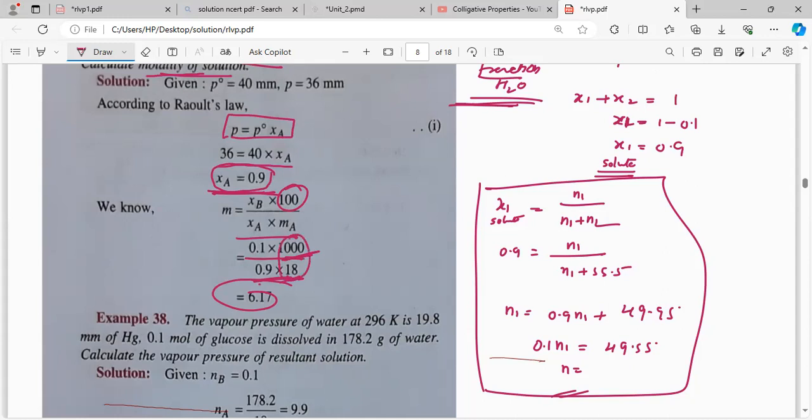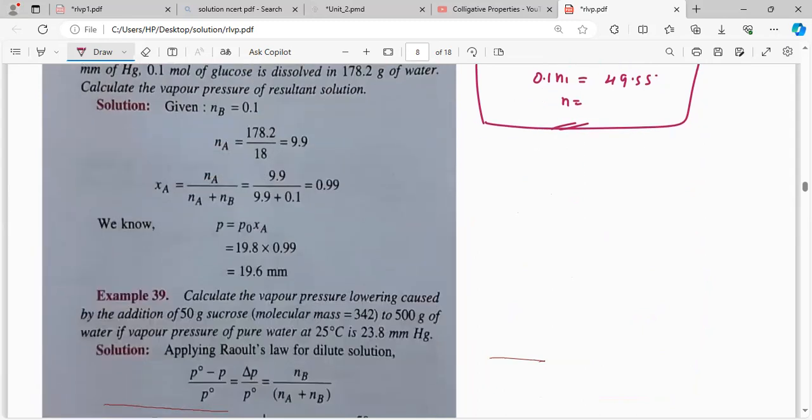So if you divide this one, our value is also coming the same. But in this case it is coming in the numerator, while ours is coming in the denominator. That is the problem. X solute is equal to n solute, and this is the solvent. So now I will check this one. It is a little bit critical.